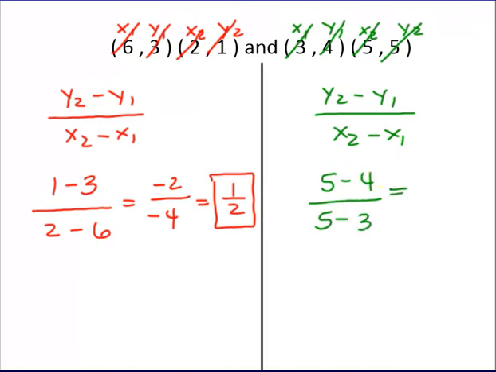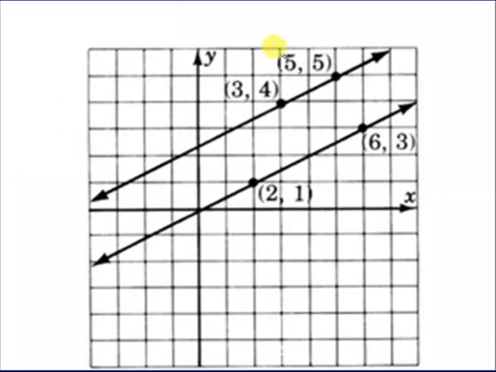So 5 minus 4 is 1, 5 minus 3 is 2. So both of these have a slope of 1/2, which means that they are parallel. And you can see these are the exact lines that we just found the slope of right here.